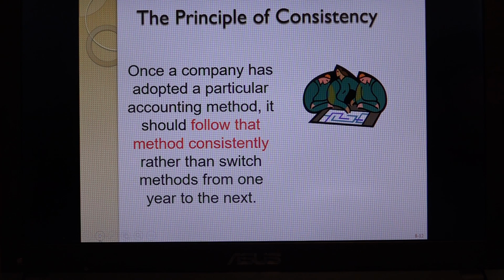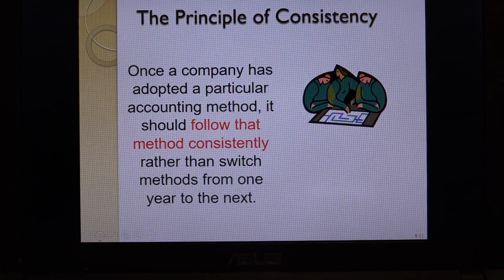Well, yes, absolutely. You could, if you wanted to, for TVs, do specific ID because they're fairly high-priced, large ticket items. And then for bananas, you could use LIFO or FIFO or weighted average. So it's just kind of up to management how they want to do that.